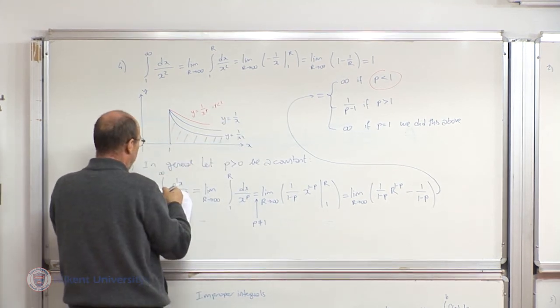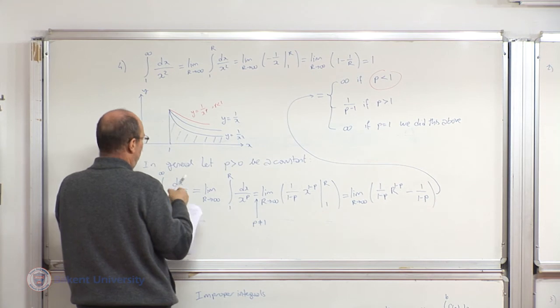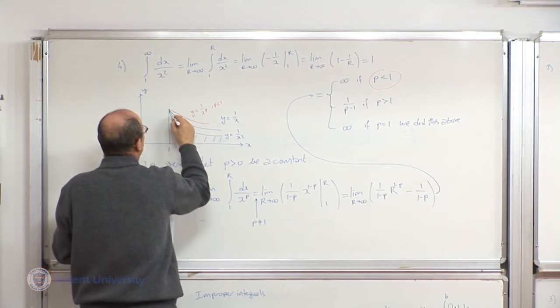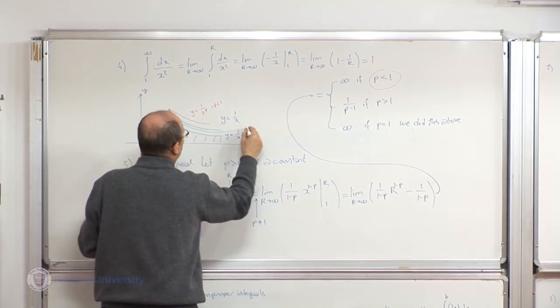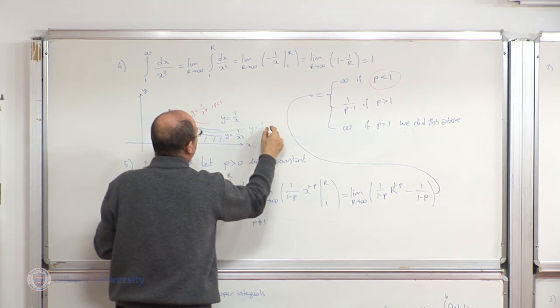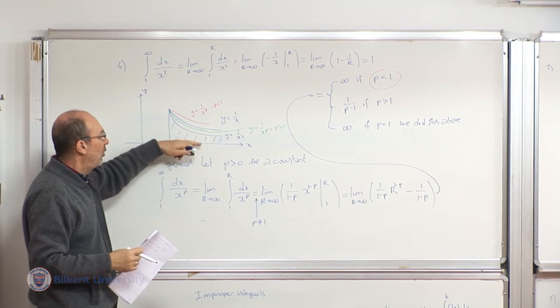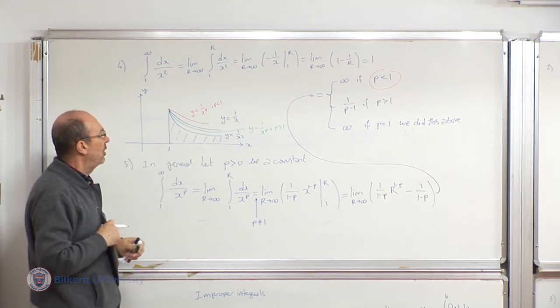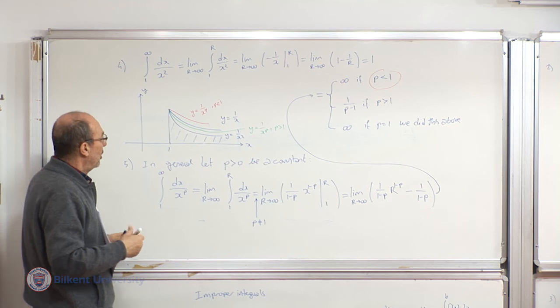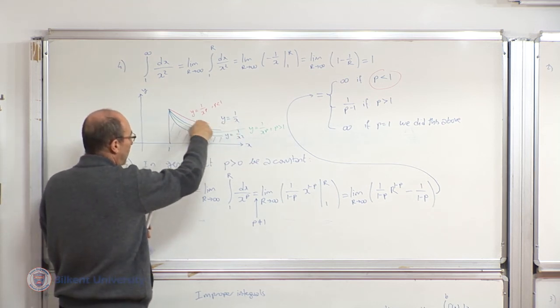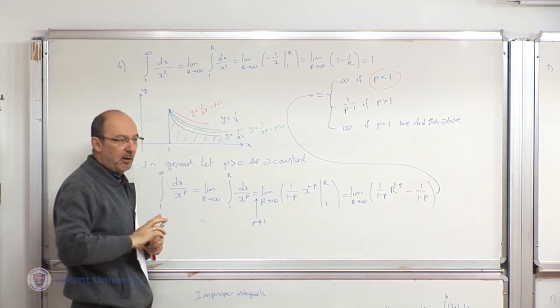And here in between, these are y equals 1 over x to the p, p larger than 1. If p is larger than 2, we already knew this, but this also gives it in one stroke. And y equals 1 over x also has infinite area.